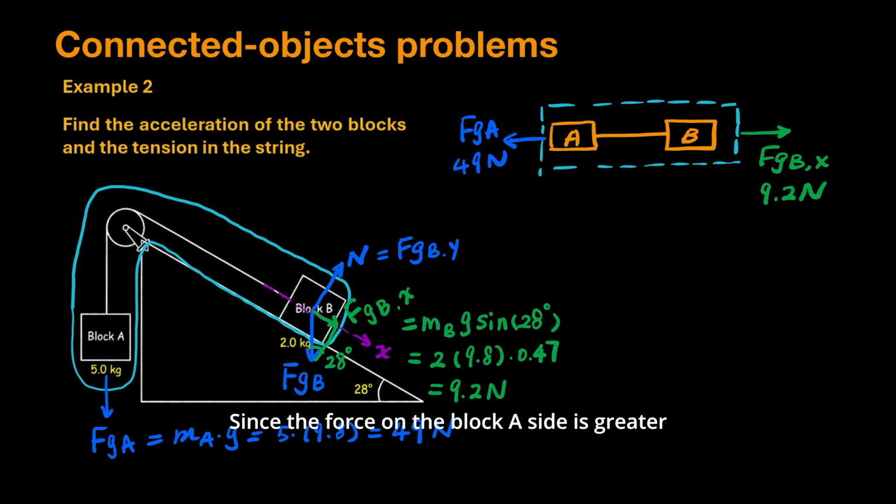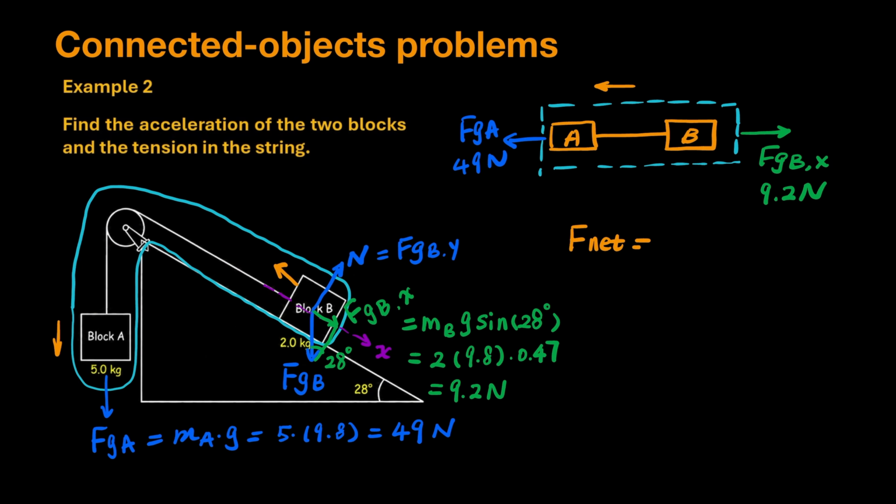Since the force on the block A side is greater, the system accelerates in that direction. So block A moves down, and block B moves up the incline. The net force of the system is 49 Newtons minus 9.2 Newtons. This gives us 39.8 Newtons.